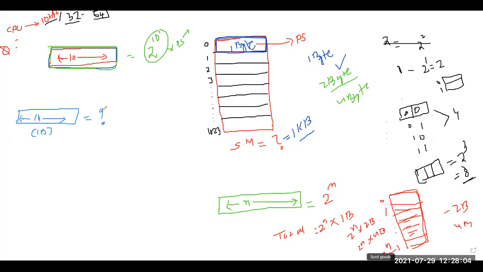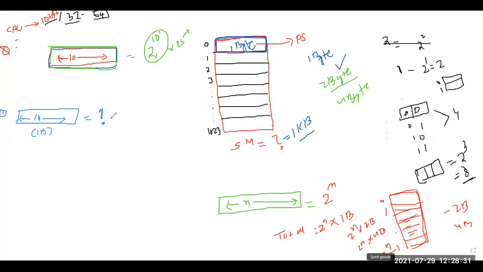What is the answer for this one? If 14 bits are used, and the memory system supports 1 byte addressable, then what is the maximum memory that can be supported by the system? Sir, 16 into 2 to the power 10.